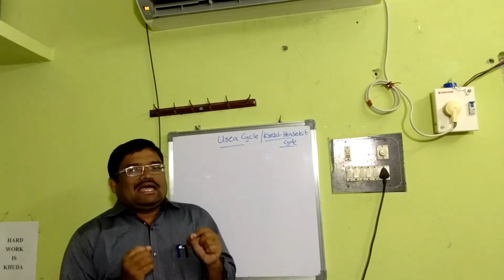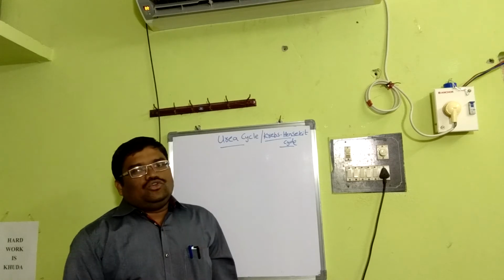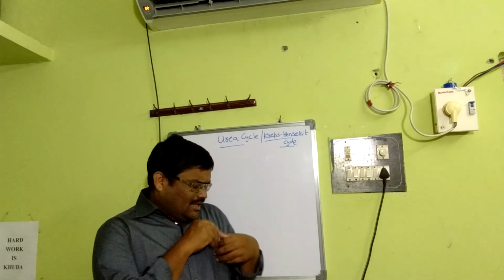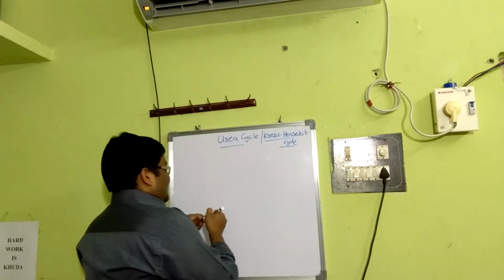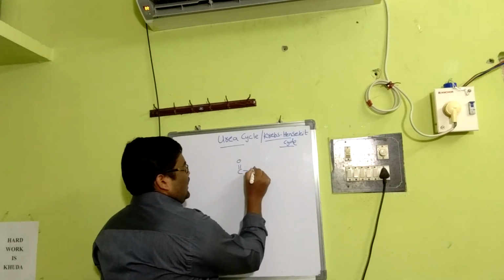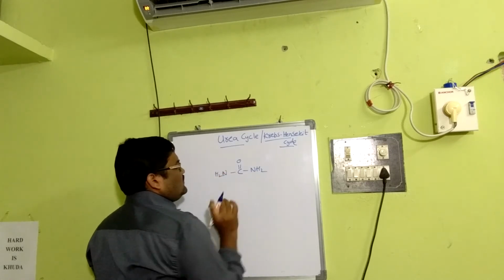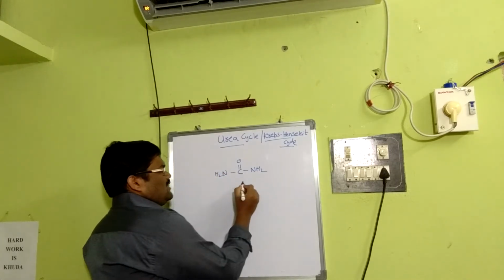Otherwise called the Krebs-Henseleit cycle, named after the discoverers who elucidated the urea cycle. Regarding other issues, urea is CO and NH2 twice. This is the basic chemical structure of urea.